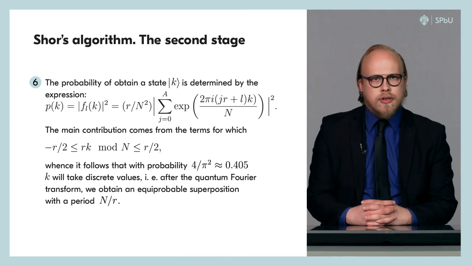The expression for the probability pk will not depend on f, while the greatest contribution to it will be made by those terms whose rk divided by n is close to an integer, or rather the remainder of dividing rk by n is in the range from minus r/2 to r/2.